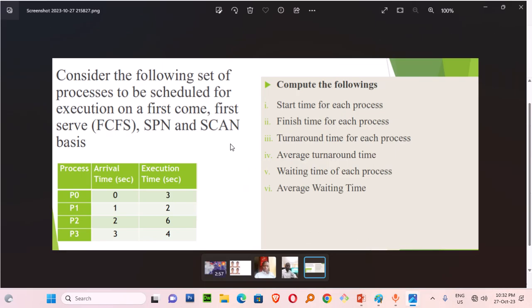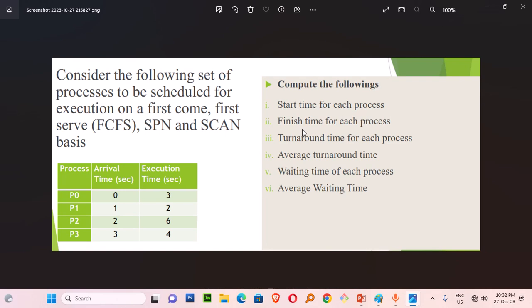Now, when you check the question, we had another question here. We had calculating the start time, the finish time, the turnaround time, and the waiting time for each process, and we have finished those. So we have remained with calculating the average turnaround time and then the average waiting time.